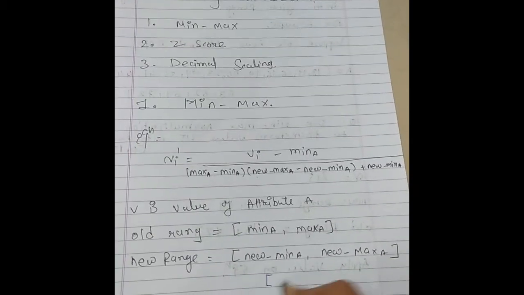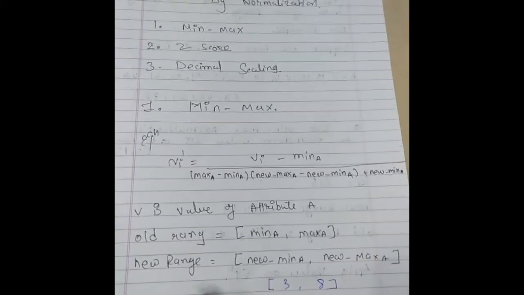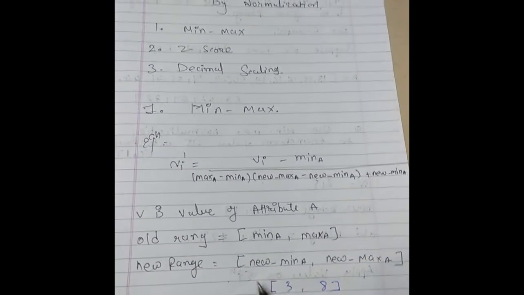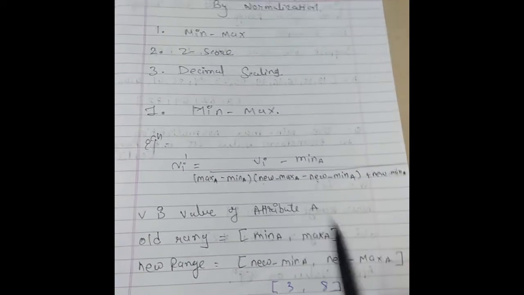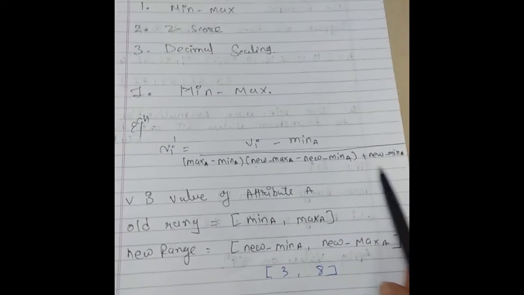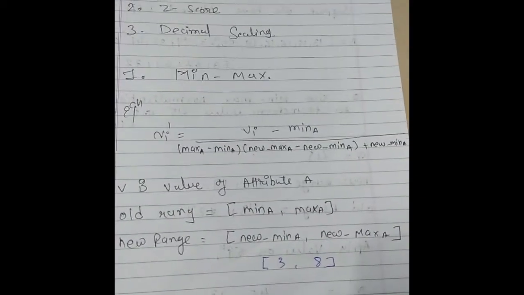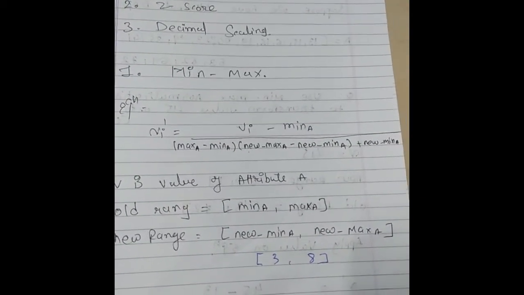Suppose the new range is 3, 8. So we have to normalize our data into 3, 8, where new max A equals 8 and new min A equals 3. This is the formula for Min-max normalization.